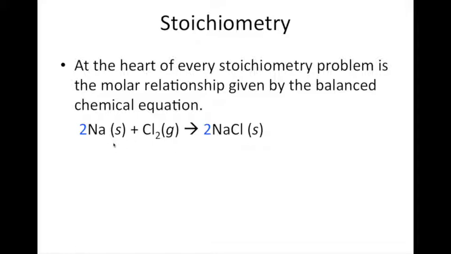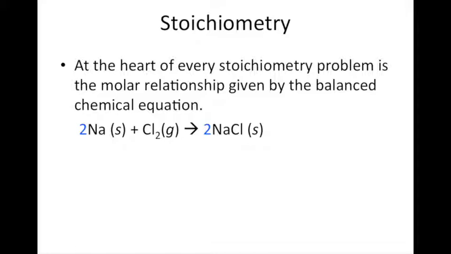You could also read this as 2 moles of sodium atoms will react with 1 mole of chlorine molecules to produce 2 moles of sodium chloride. So we can appreciate these coefficients to represent either molecules or atoms or moles of molecules and atoms.